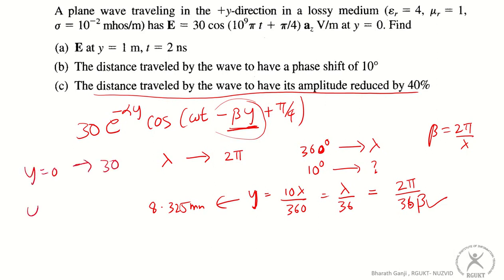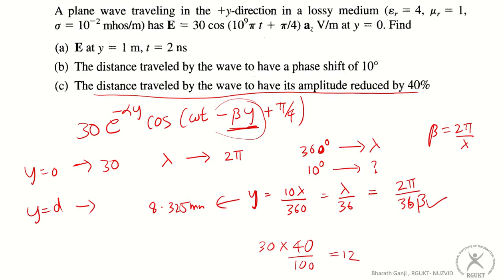At some y equal to some distance d, this factor should fall by 40%. So if it has to reduce by 40%, what is 40% of 30? It is simply 12.